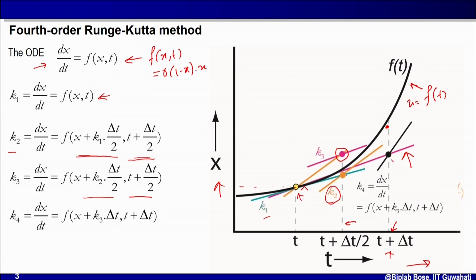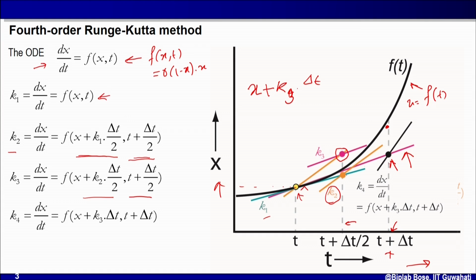So that intersection point is this black dot. What will be the value of x there? The value of x in that black dot will be x, the original value of x, plus k3 into delta t. So you have taken the slope k3 and extended it by an increment delta t. So the new value of x at this black point is x plus k3 delta t.